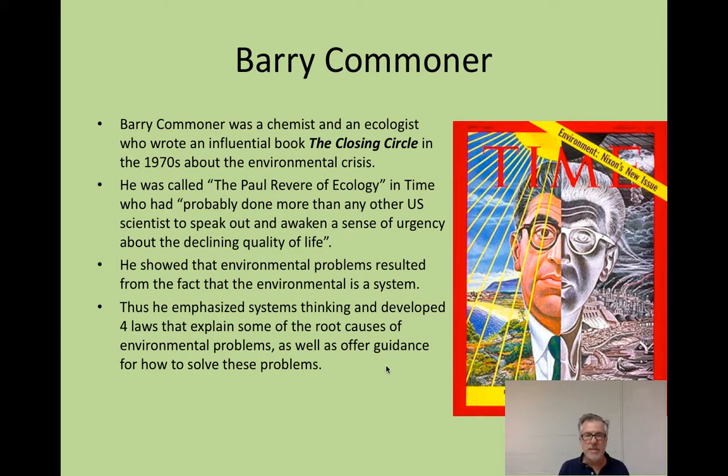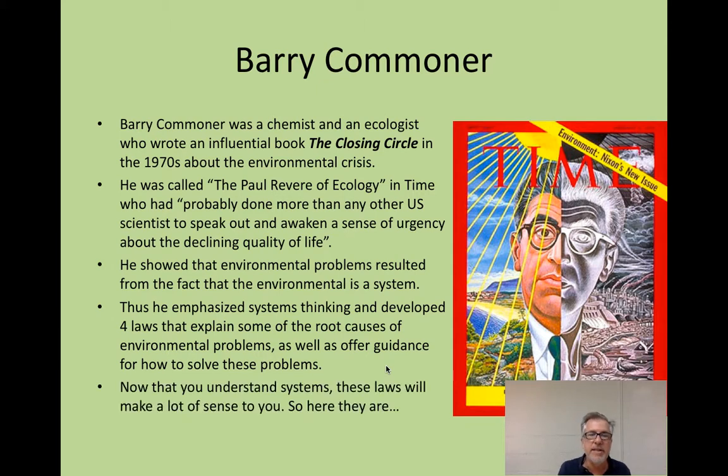So he emphasized systems thinking, and he developed 4 laws that explain some of the root causes of environmental problems, as well as offered guidance for how to solve them, in that if you can see that this is the problem, you can now look for solutions. Now that you all understand systems, these laws will make a lot of sense to you.